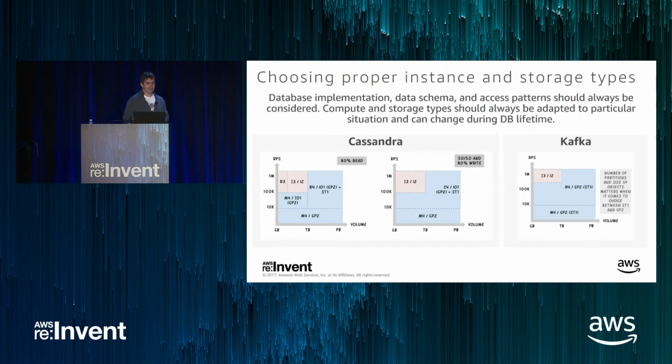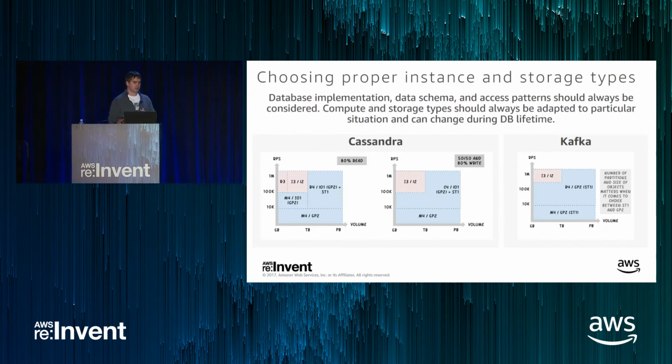If you really need high throughput on the database and your amount of data is relatively small, you can go with either I3s or I2s, both for read and write cases. But if you have, for example, a 50-50 read and write ratio or a more write-heavy workload, you can go with C4s, because Cassandra is CPU bound, and you can use GP2s.